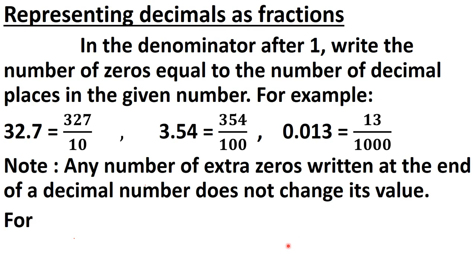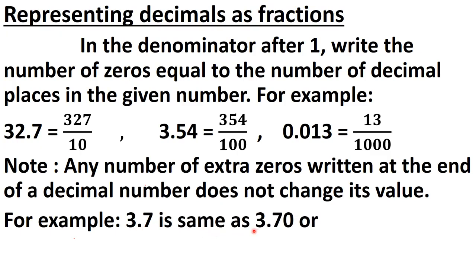Okay. How? 3 decimal 7 is the same as 3 decimal 70 or 3 decimal 700 or 3 decimal 70000. It will not make any difference. Its value remains the same, that is 3 decimal 7.